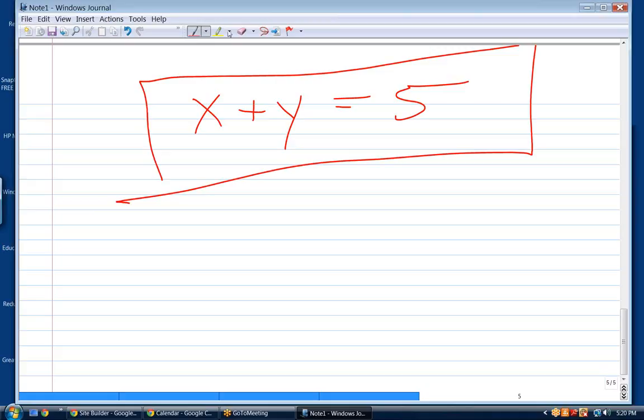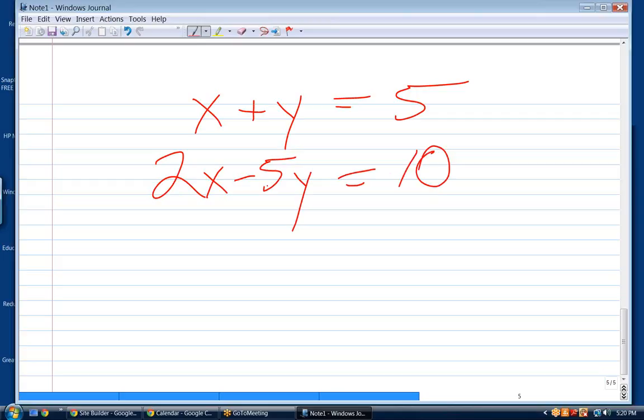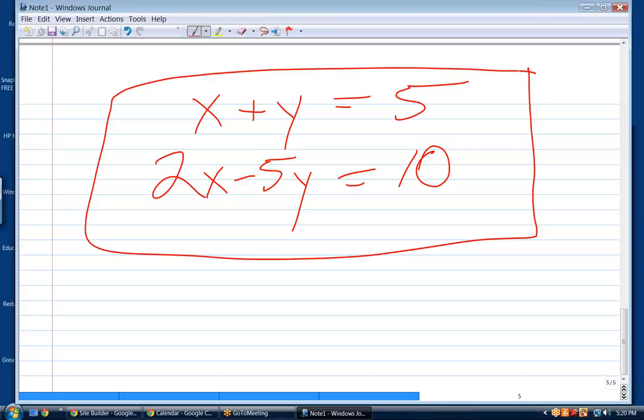If you have two equations and two variables, as long as they are independent of one another, by independent I mean as long as one is not just a multiple of the other, then this will produce one unique solution for x and y. In this case, I would multiply top and bottom by 5.